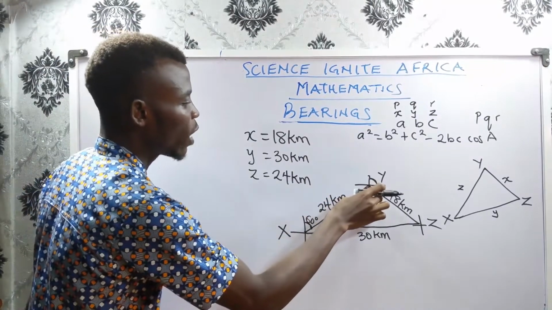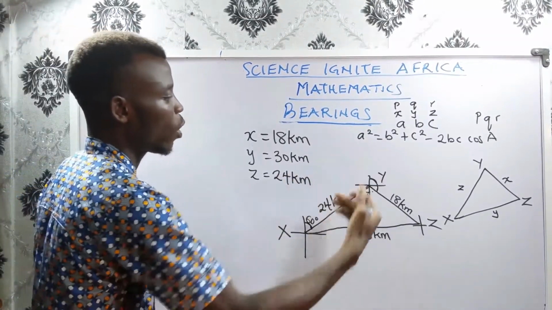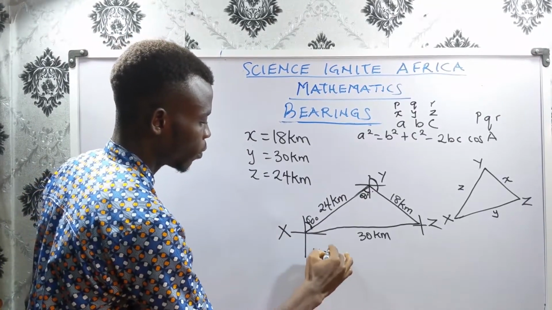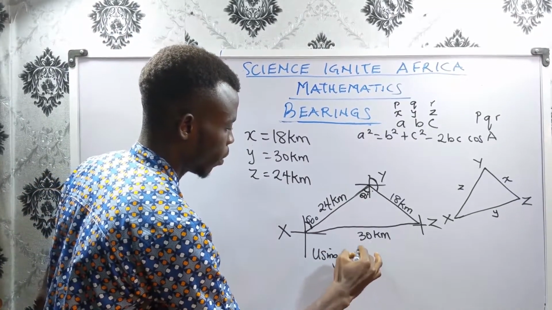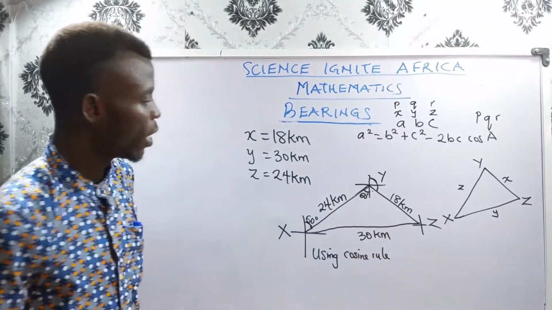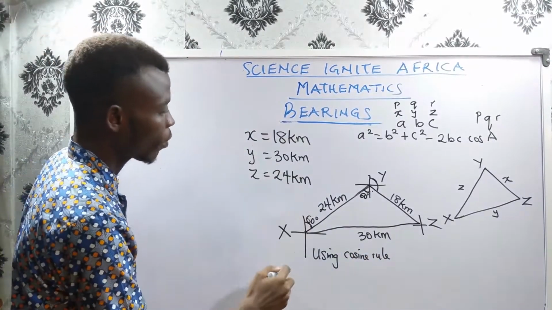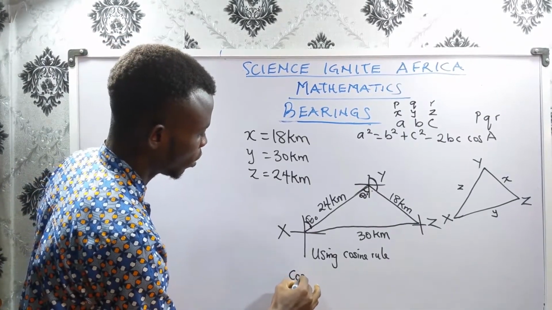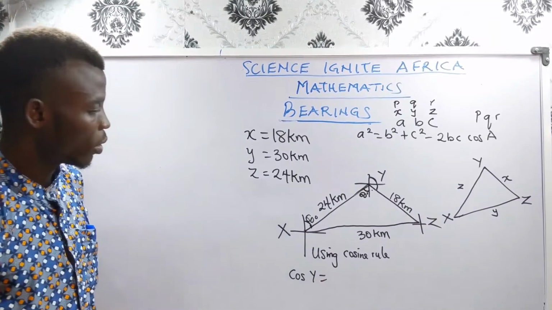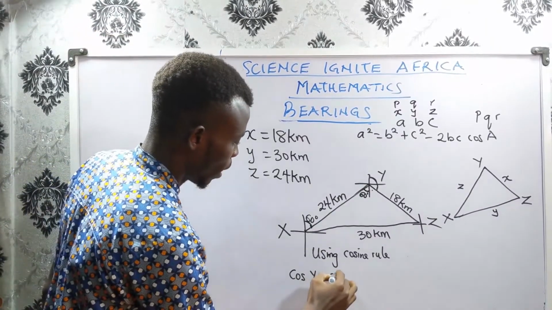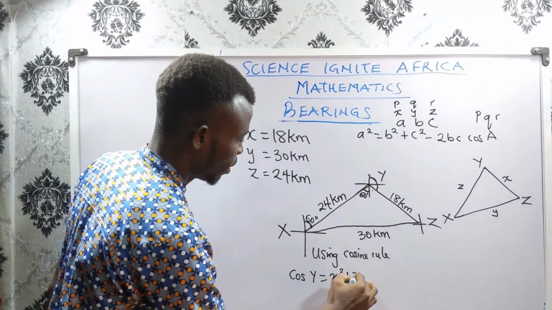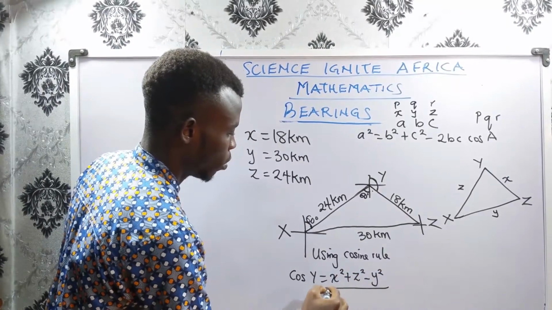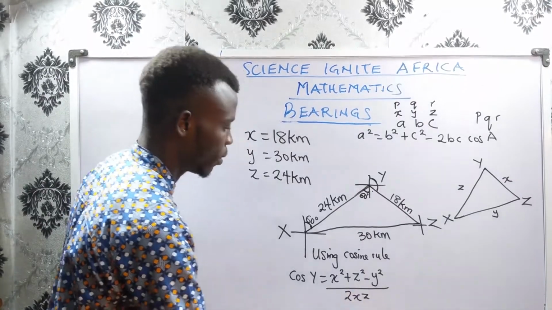So to calculate the value of this unknown angle, we apply our cosine rule. Using the cosine rule, we have cos y equals x square plus z square minus y square over 2xz.